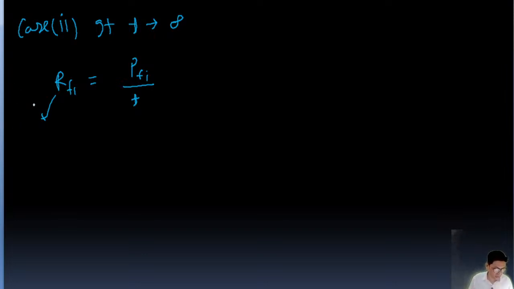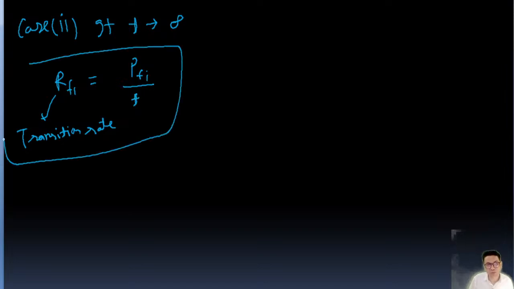So the transition rate is transition probability upon time. You need to note this down. First we'll find R_fi, then we'll find P_fi by multiplying R_fi with t. Very simple.